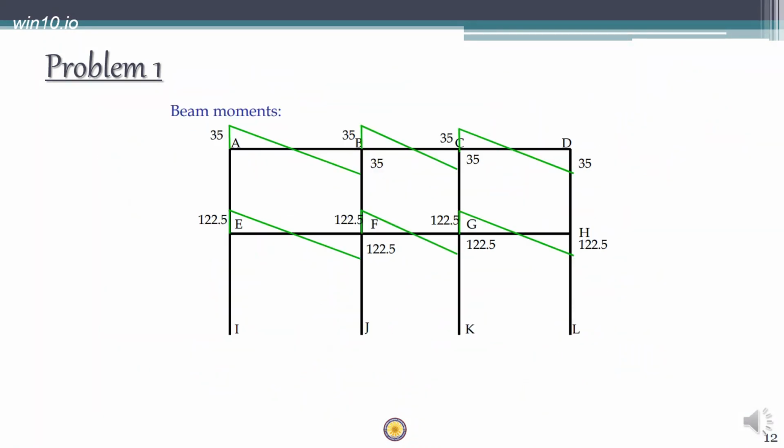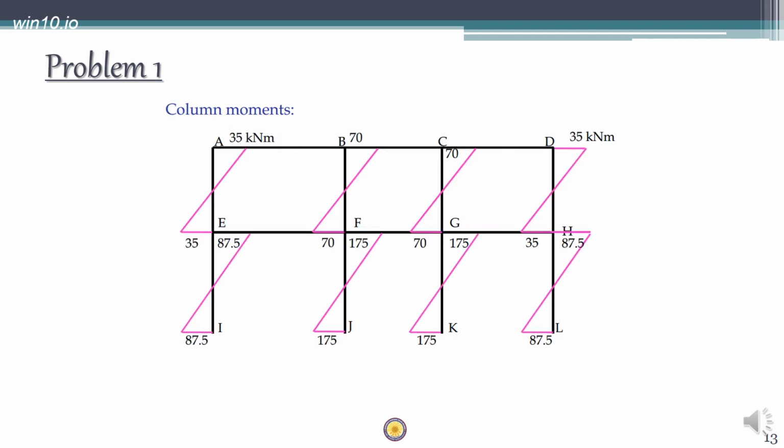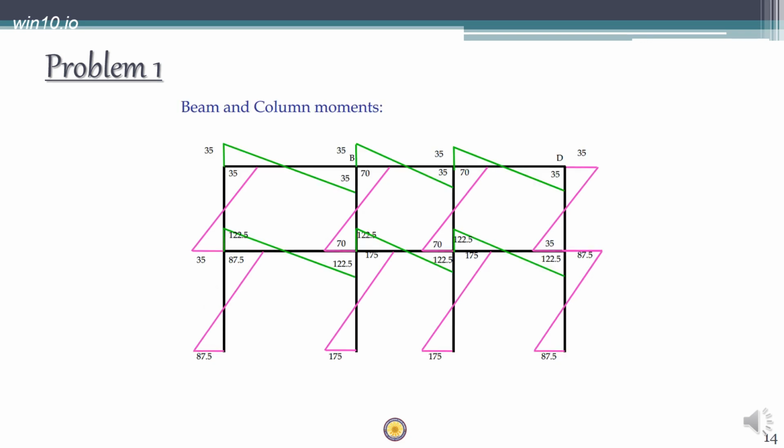So this is positive, so I have positive on the upside and negative on the downward side. Okay, so I mark all the column moments. I mark positive moments on the right hand side and negative moments on the left hand side of the column. You can draw the diagrams and depict the beam and column moments.